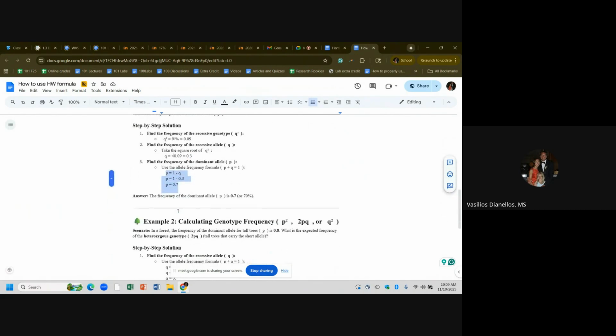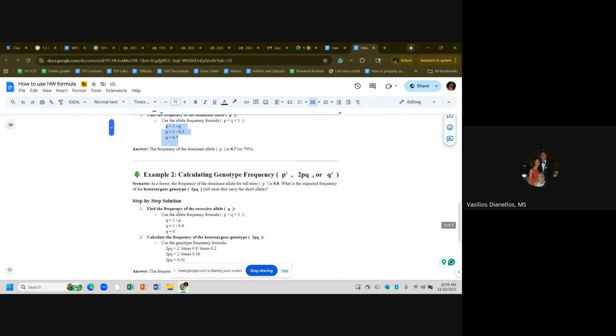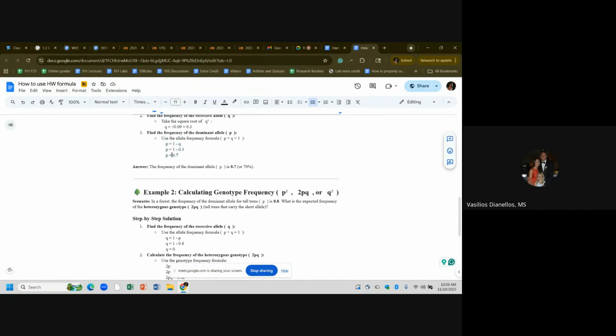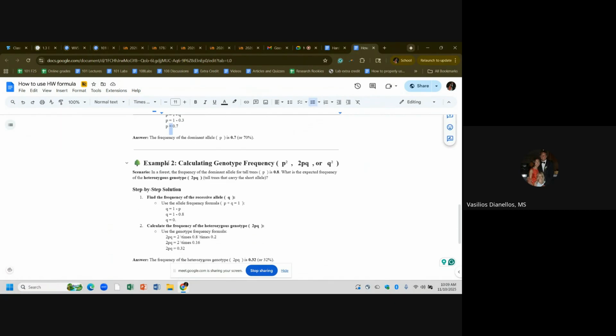That's one example. Let's look at this example. Now instead of calculating the frequency of an allele, we're going to calculate the frequency of a genotype, whether it be p squared, which is homozygous dominant, or 2pq, which is heterozygous, or q squared, which is homozygous recessive. So here's the scenario. In a forest, the frequency of the dominant allele for tall trees is 0.8.